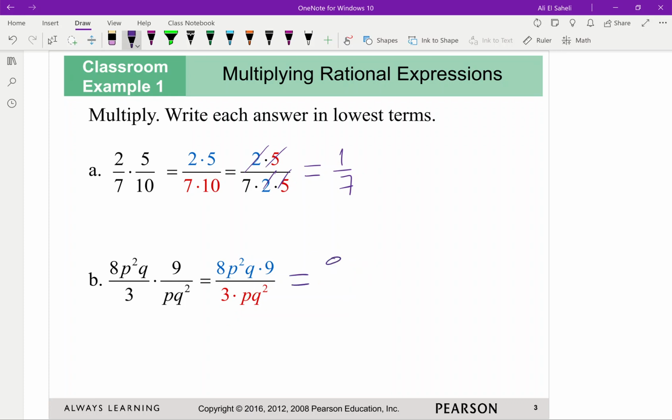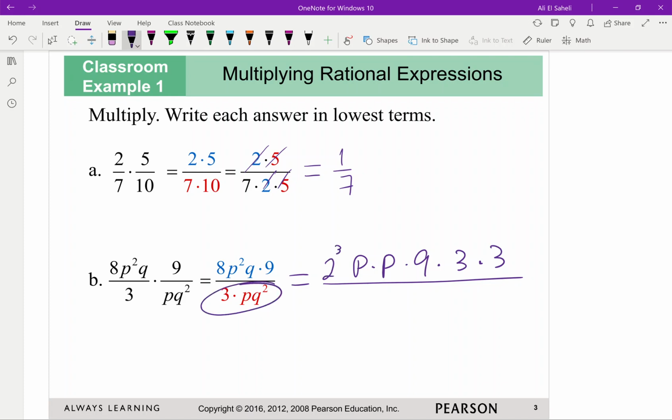Okay. To do it in detail, this is what we have. We have 8 times P times P times Q times 3 times 3. Okay, this is 9. There is no need to factorize 8, but if you do, it's going to be 2 to the power 3.